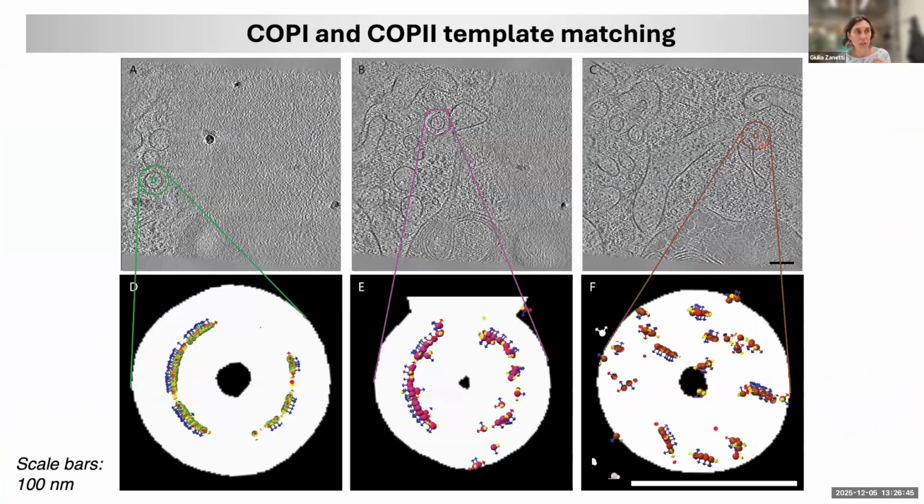Whereas if we look at the peaks with much lower cross correlation and show them in places where there isn't coat, they look totally randomly oriented. So this was a good way for us to confirm that we are looking at COP1 and COP2 coats.